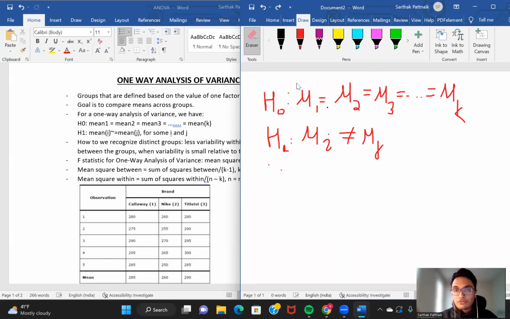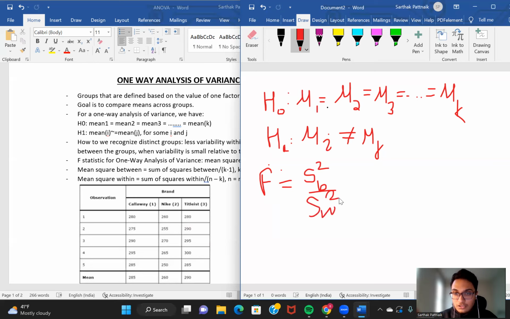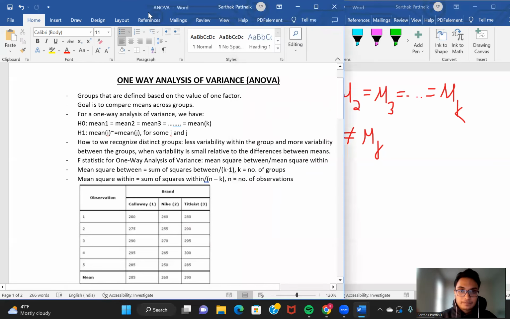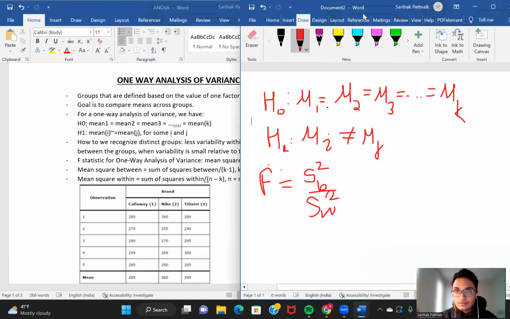So for this particular test, or basically to perform statistical inferencing on this hypothesis, we need a test statistic. And here, for this particular test, our F statistic value will be equal to S_B squared upon S_W squared, which is nothing but mean square between upon mean square within.